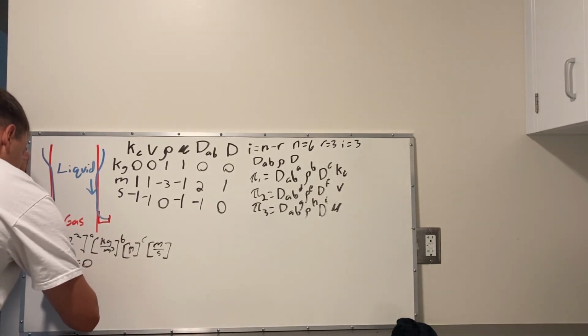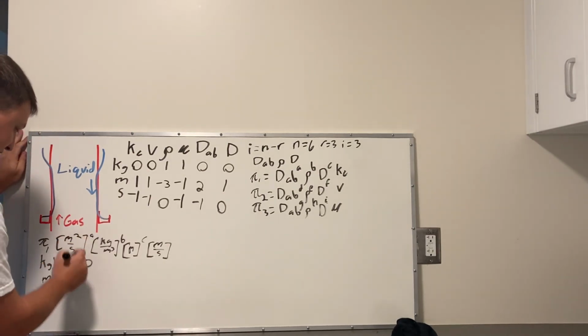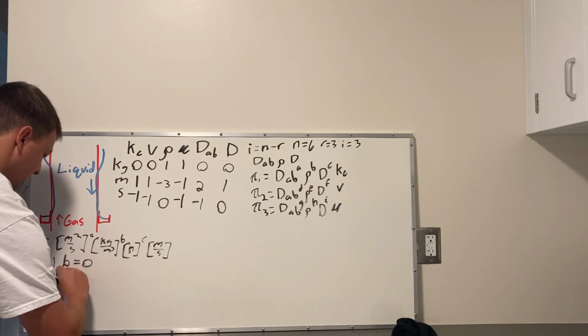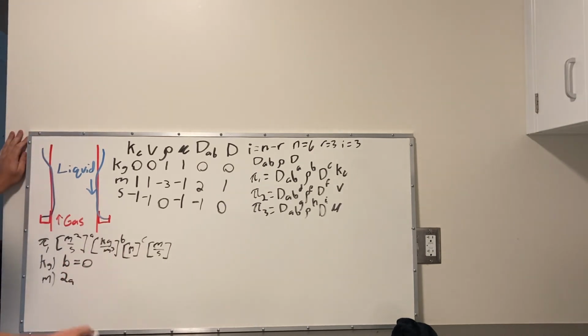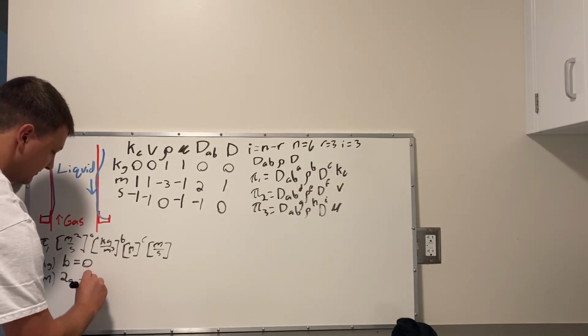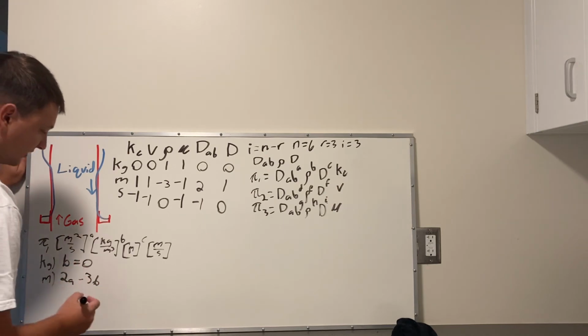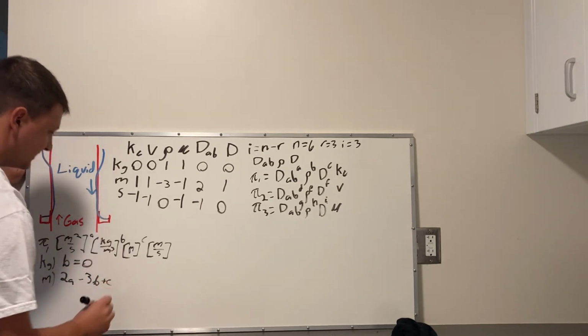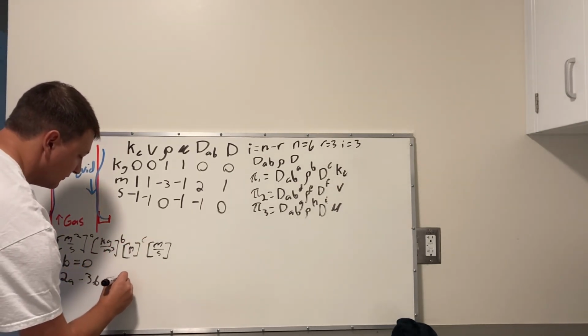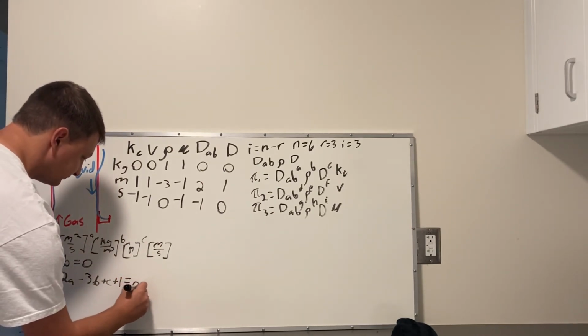For our meters, we have 2A, and then we have -3 for B, so -3B, and then we have 1 for C, so plus C, and then plus 1 for the non-core group equals 0.